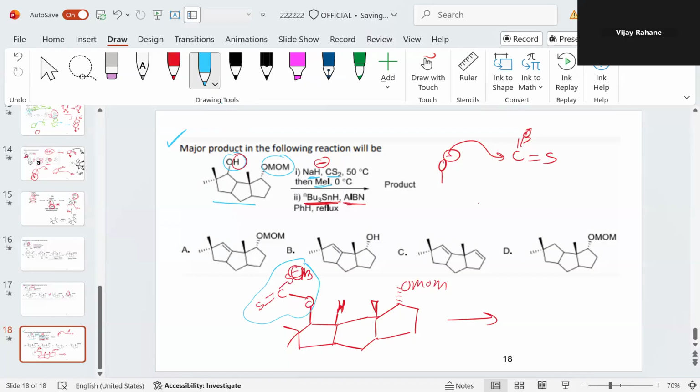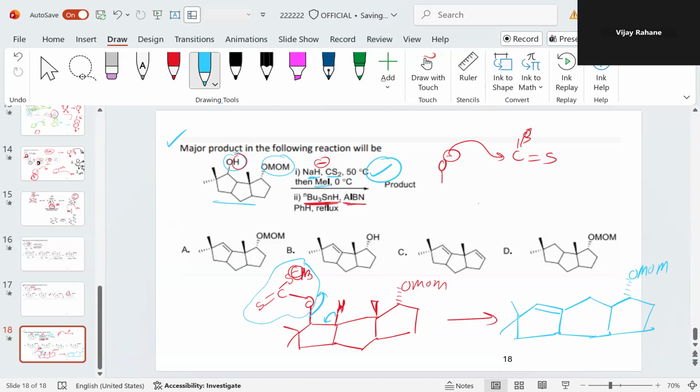So this can eliminate in this fashion, and we get the eliminated product like this, which has this group here. So this is what we get in the first step.